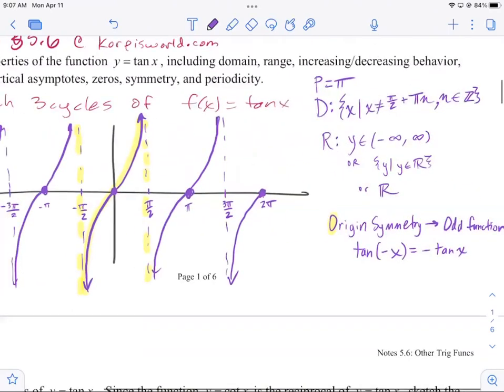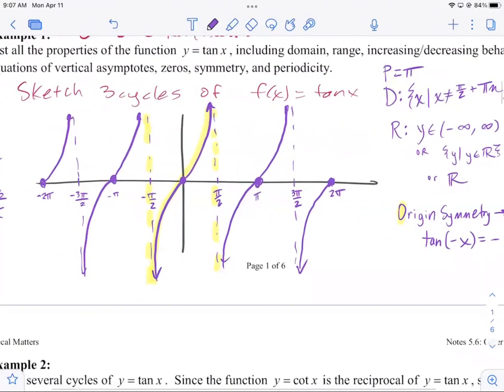Let's see. What else? Is this function one-to-one? Remember what one-to-one meant? Like e to the x was one-to-one, natural log of x? It's not. Why? Well, it passes the vertical line test, and it has a domain of all real numbers.